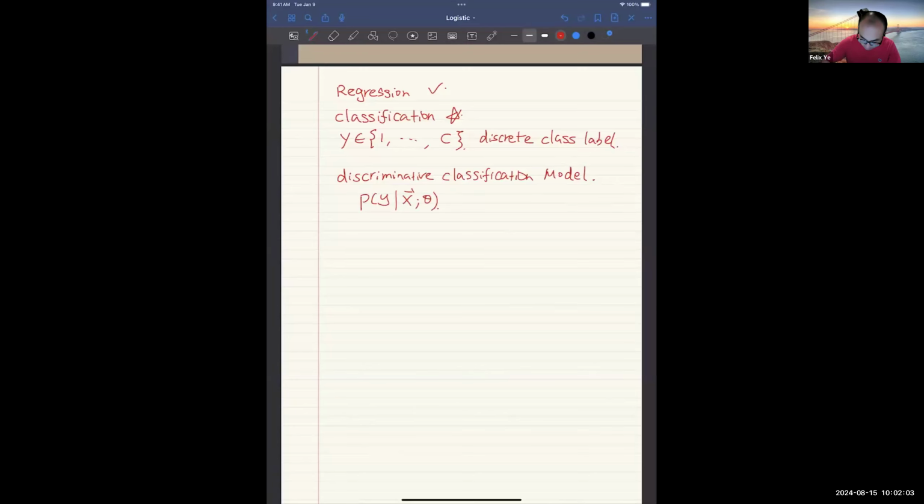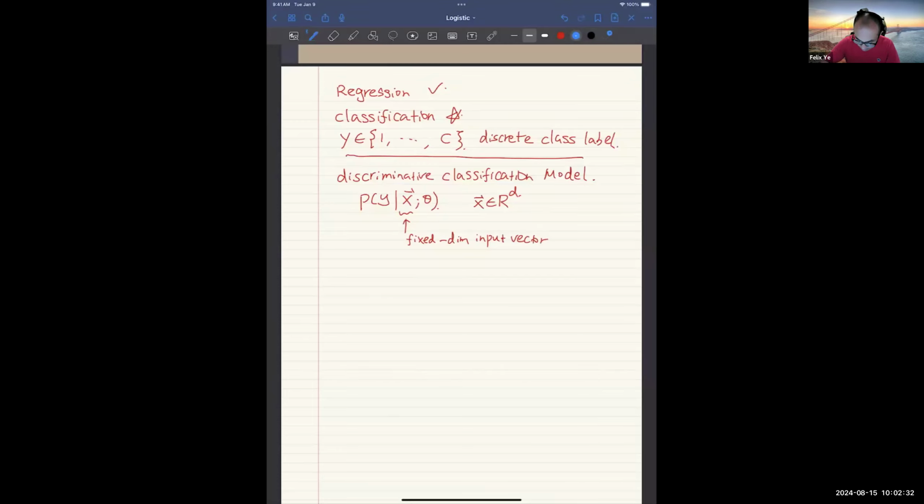Okay, so this X right here is some fixed dimension input vector. So this X is actually in R^d, and Y, as I said, is in discrete class labels.